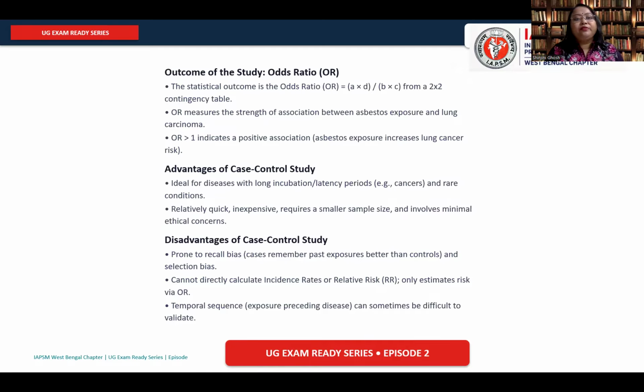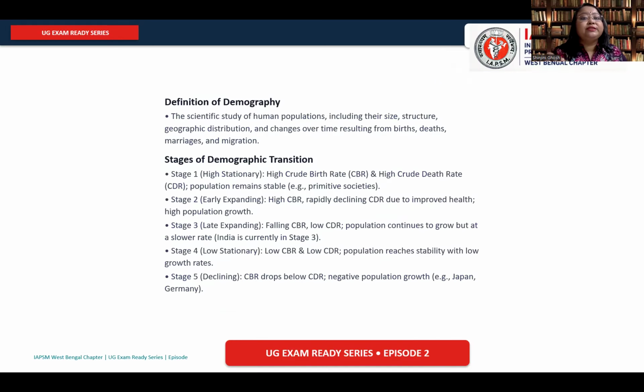And the outcome of the study is what? It's the odds ratio. The statistical outcome is the odds ratio, and then you will give the formula. And the odds ratio measures the strength of association between asbestos exposure and lung carcinoma. This you have to write. So you have to put emphasis on the points that are asked.